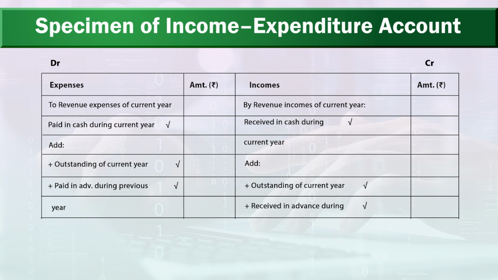Moving to the credit side of the income and expenditure account, the very first item is the revenue income of the current year. This is arrived at by including the revenue income received in cash during the current year. In it, we add the outstanding revenue income of the current year as well as revenue income received during the previous year.